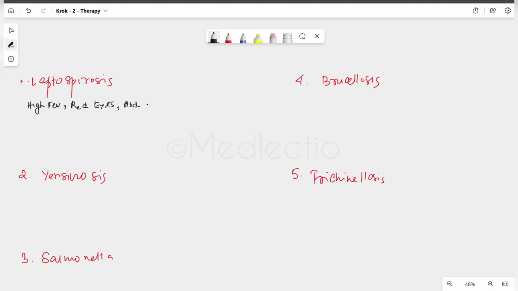We can have abdominal pain, then hemorrhagic rash, then jaundice, then pain in the legs. These things.